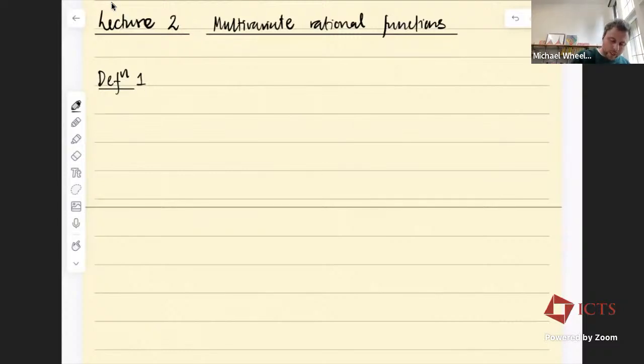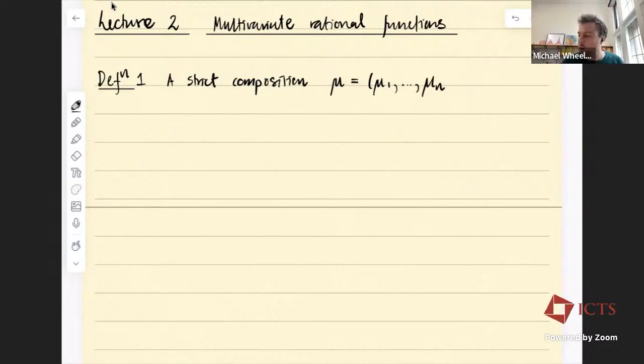So I'll be using strict compositions to index the functions that I look at. A strict composition, usually denoted with mu, consisting of n parts. And this little n will be exactly the same little n that we have in our model. So a strict composition mu_1 up to mu_n lives in the Cartesian product of positive integers n times.